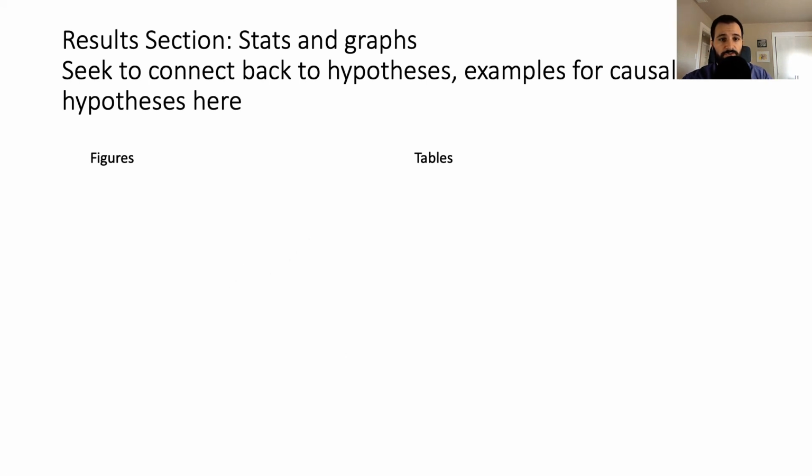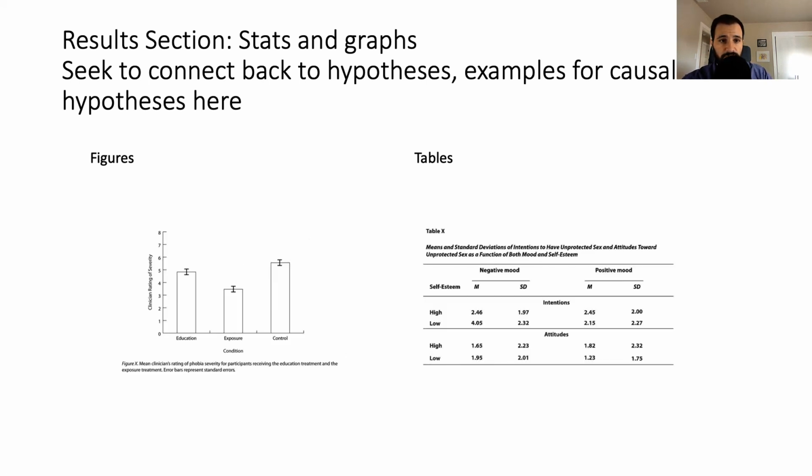Whereas if you have figures and tables that look like these, you're more likely dealing with an experiment, a causal research question, and thus a causal answer to that question. So keep all those things in mind.